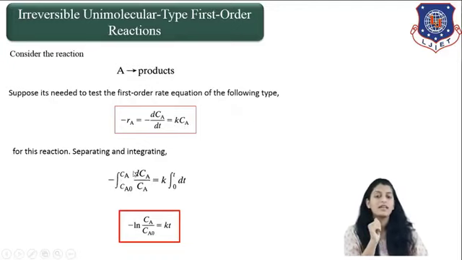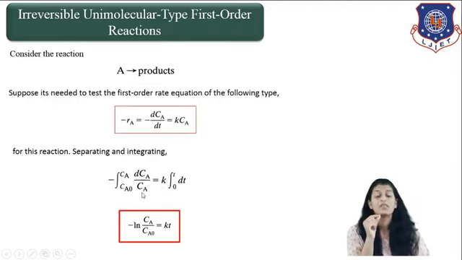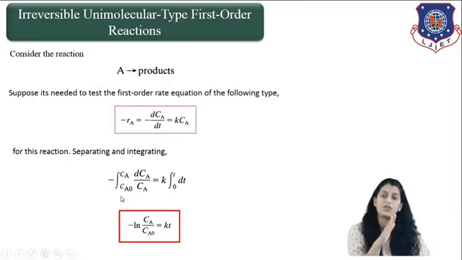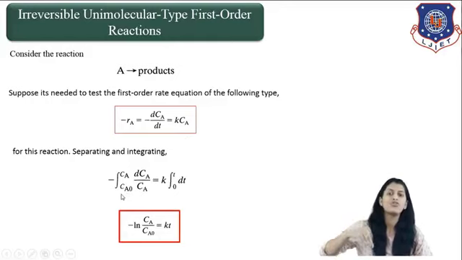So, it will be written as minus dCA by CA equals k into dt. Now, applying the limits: for CA, the initial concentration is CA0 to CA. CA0 is the initial concentration of A and CA is the concentration of A at any given time. So now you can see we have applied the limit for CA. For dt, time goes from 0 to t.